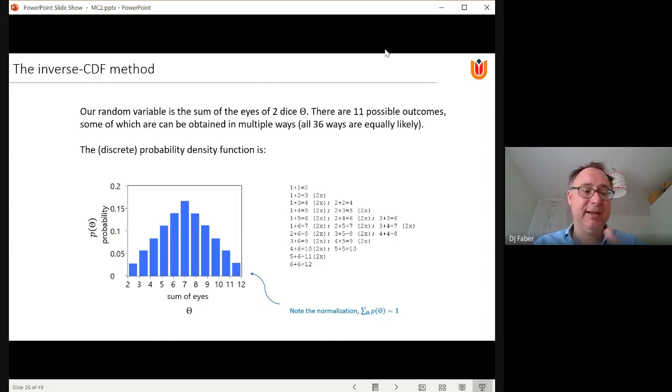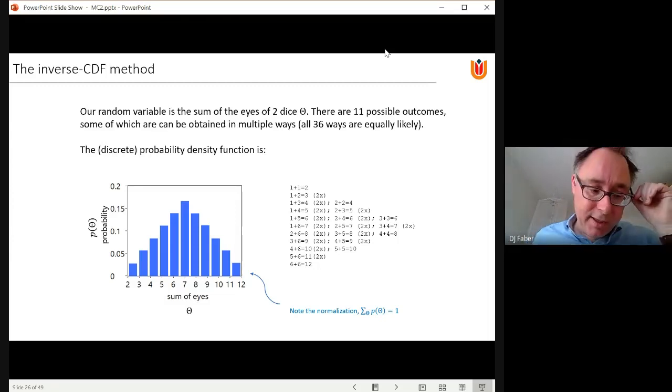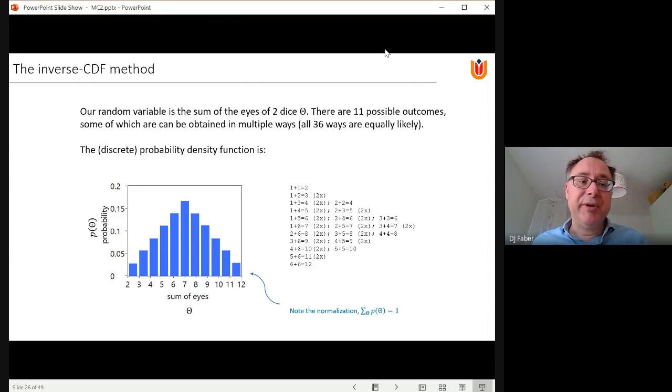If you accept it, then you can work with that. If you reject it, then you have to do that process all over again. There's another approach that is sometimes possible, which is more efficient, where you only need one random number to sample a probability density function.